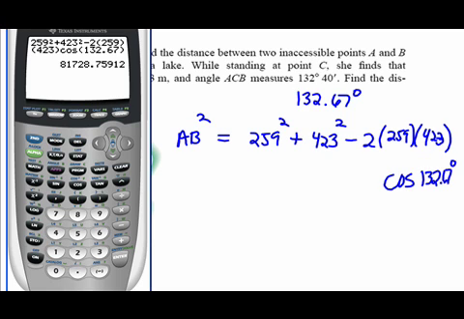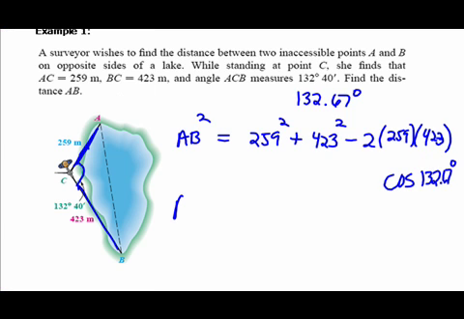So there's my AB squared value, 81,728 point some decimal. So I'm going to turn around and right away take the square root of the previous answer. 285.88. So AB is 285.88 meters.